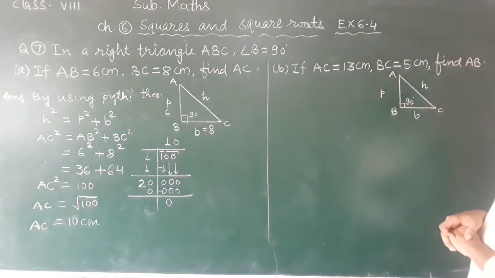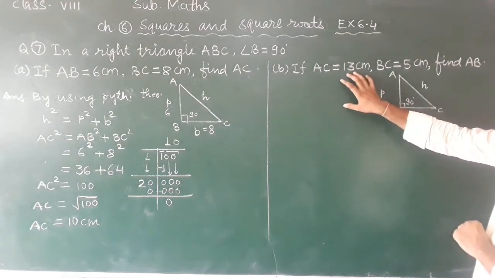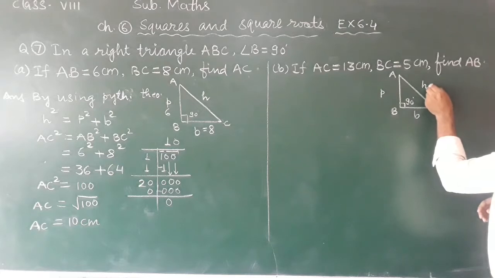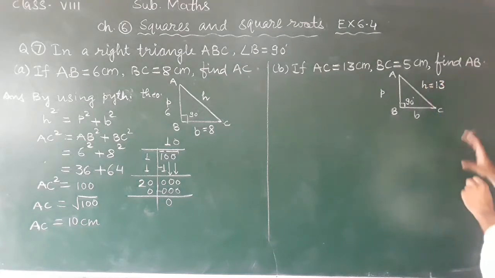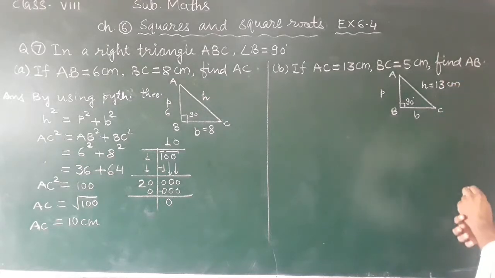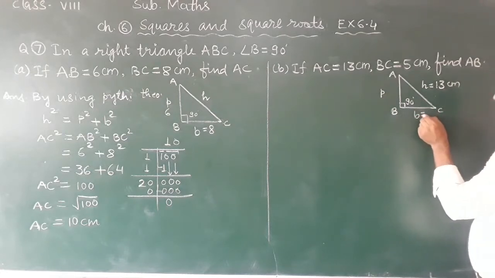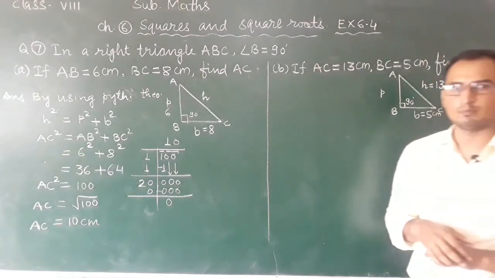Clear? Now what is given in the question? AC is equal to 13, this is the hypotenuse. And BC means base is 5 centimeter. Then we have to find the value of the perpendicular.